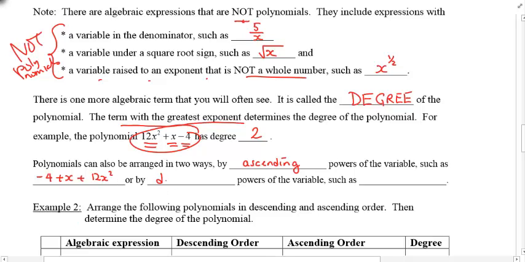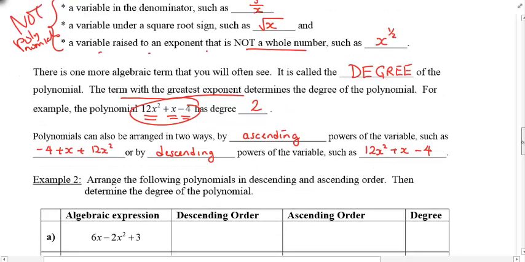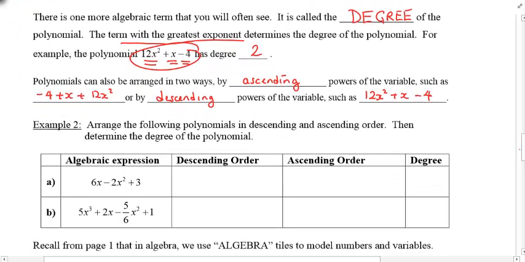Or by descending powers, which would be taking the largest one first, 12x squared, then going small in terms of the power. So, now, understanding that, I'm going to ask you to take these algebraic expressions and just rearrange them in descending order, and then ascending order, and then tell me the degree. You go ahead and try this on your own.